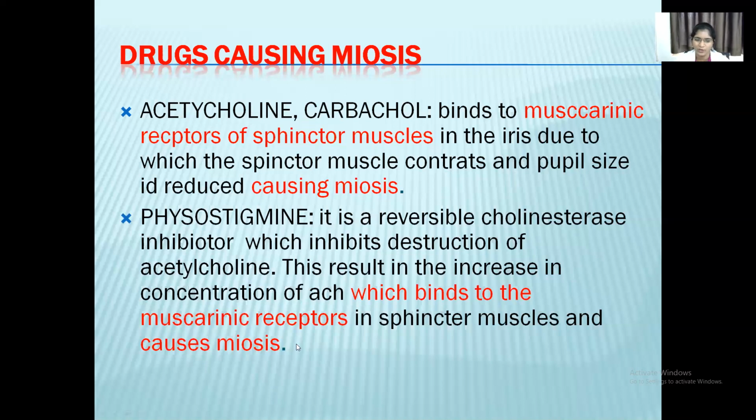So it causes miosis by inhibiting the destruction of acetylcholine. Acetylcholine is a muscarinic or cholinergic drug which causes miosis by acting on M3 receptors, and it constricts the sphincter muscle. It causes miosis.